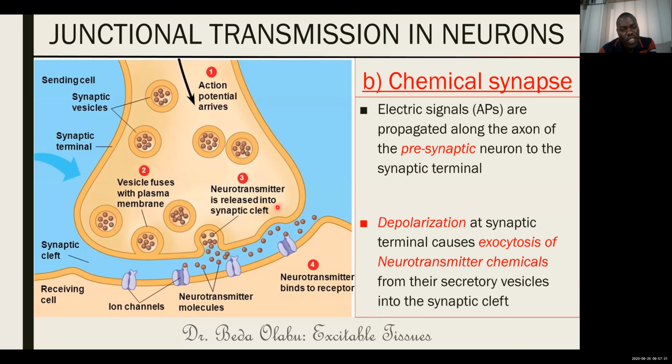These voltage-gated calcium channels do open when depolarization reaches here. And when you have calcium influx, calcium is the one that makes these vesicles move from wherever they are up to the presynaptic membrane in a process we are calling docking. And after they have docked, then you're going to have exocytosis.